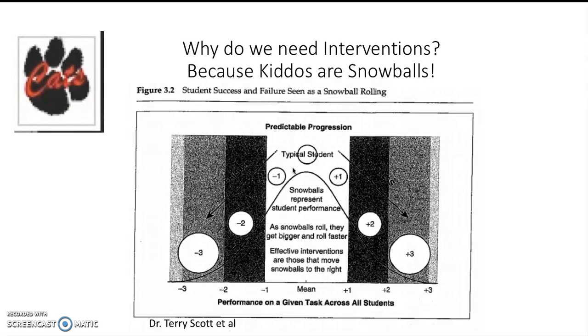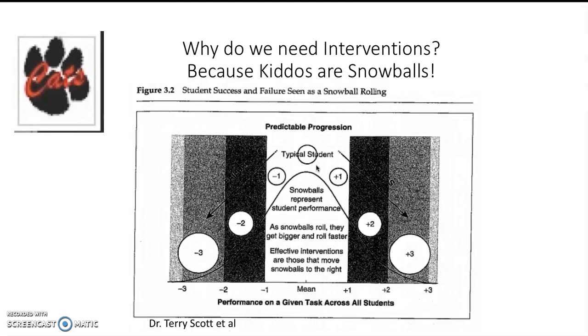Negative problems or little failures can cause a student to be kicked over to the left side. As that student continues to get small failures or large failures, they roll down the hill and gather momentum and size and get further away from the top of the hill, which is where your typical student would be.